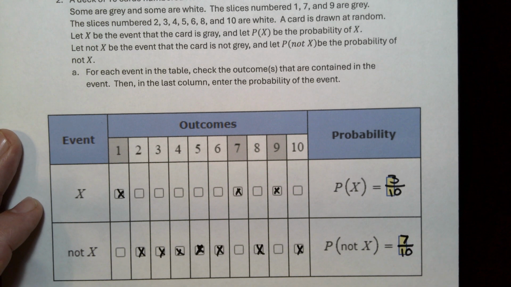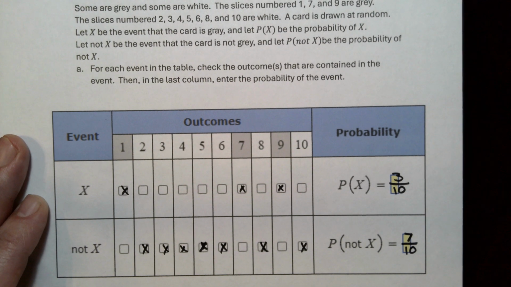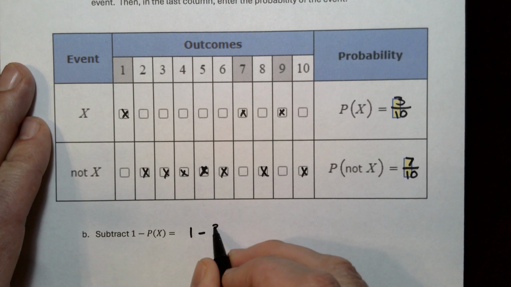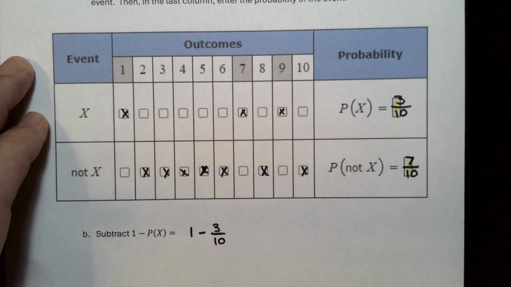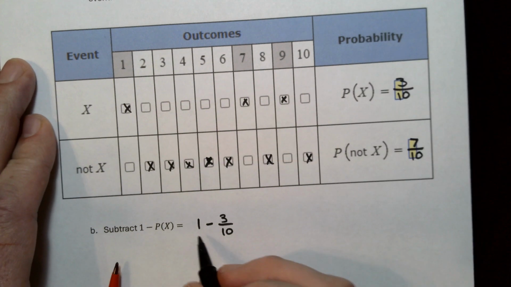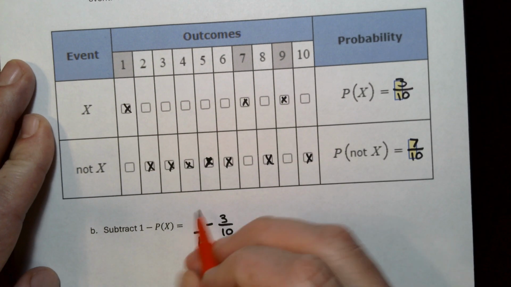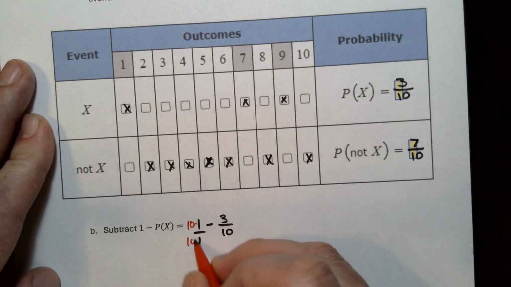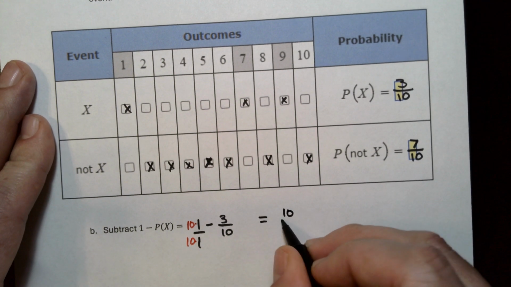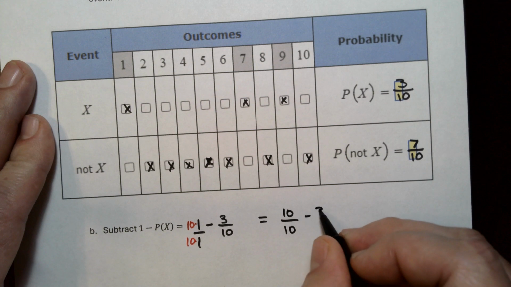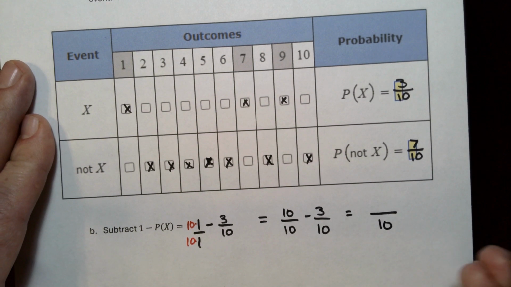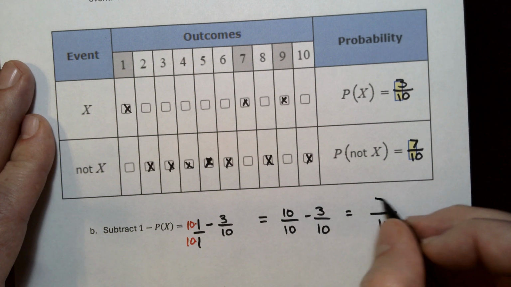Okay, now subtract 1 minus P of X. We've got P of X here. Okay, so 1 minus 3 over 10. I need a common denominator of 10 again, so I'll put this with a 1 on bottom and multiply the top and bottom by 10 so that my fraction becomes 10 over 10, which is the same thing as 1, minus 3 over 10. And since we have a common denominator, we can put just 10 on bottom, and 10 minus 3 on top is 7.